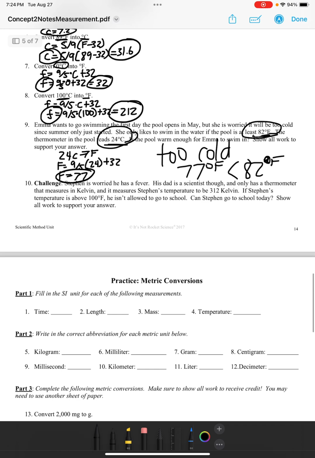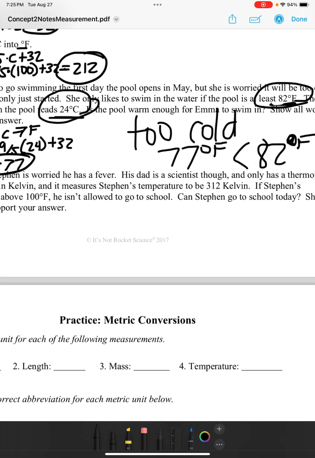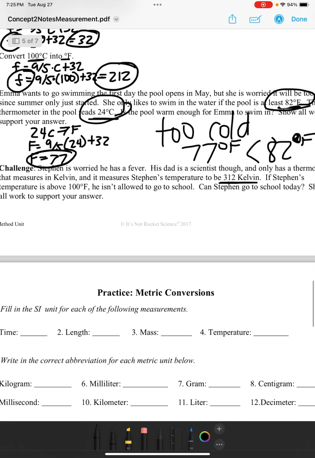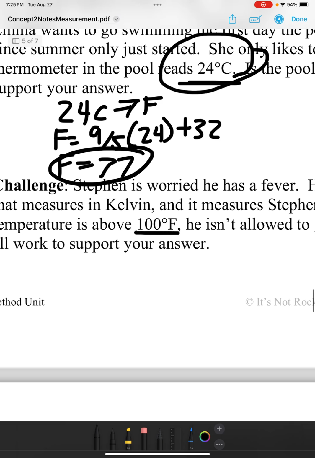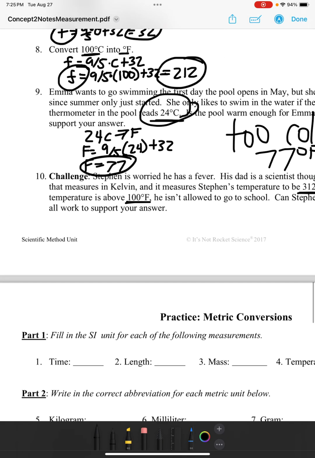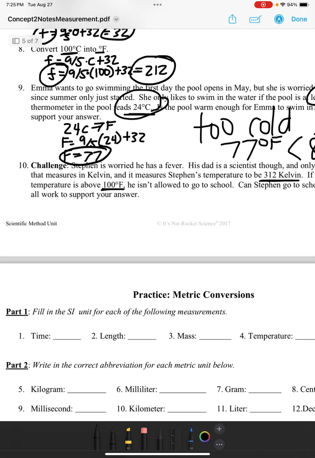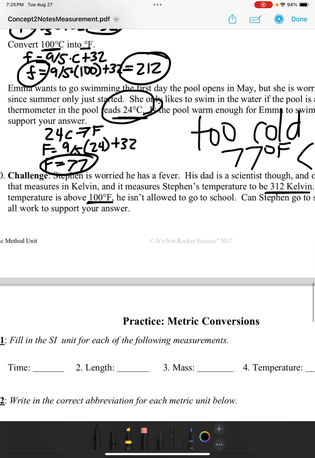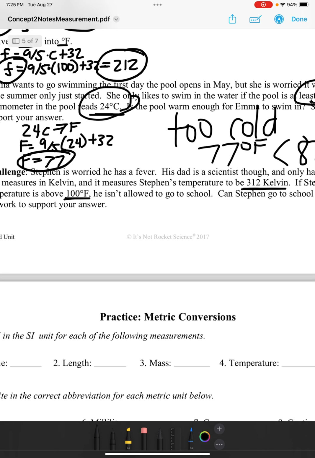Okay, number 10 then. They're trying to compare 312 degrees Kelvin and 100 degrees Fahrenheit. If it's above 100 degrees Fahrenheit, he's not allowed to go to school. So you need to get these in the same units.